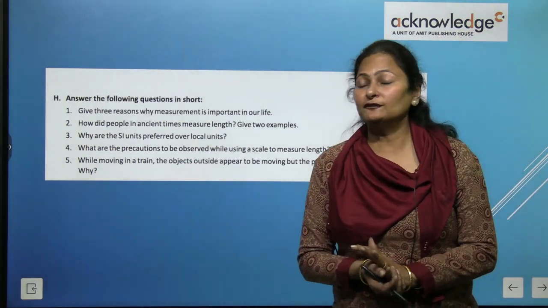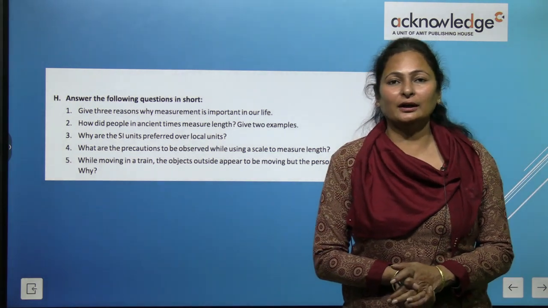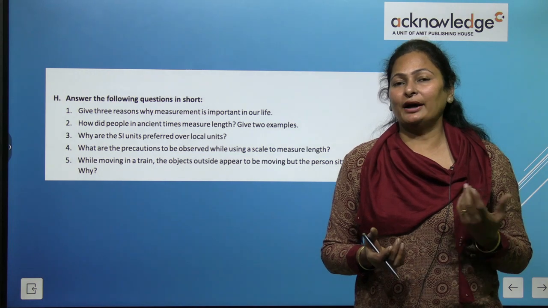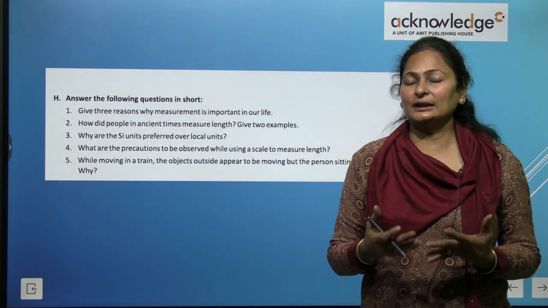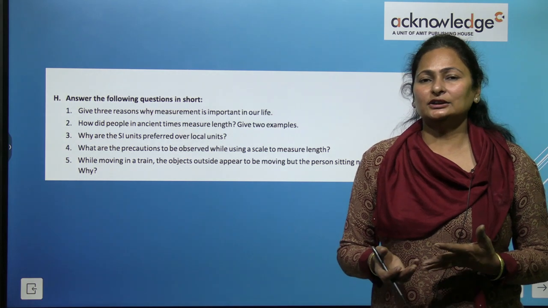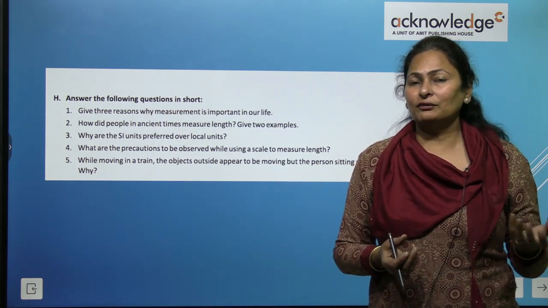First question, give 3 reasons why measurement is important in our life. We have already discussed so many reasons why we are using measurement. So you can write down any 3 out of it, like the chef uses measurement for the ingredients of raw material.